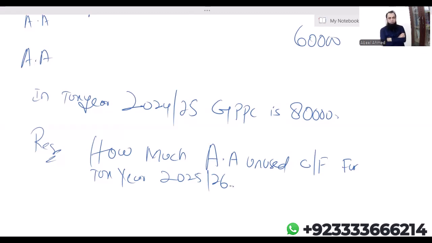First of all, current year annual allowance limit will be utilized. After that, we'll see if we have any unused limits in the previous 3 tax years, then that will be utilized on FIFO basis, which means that, now come here.